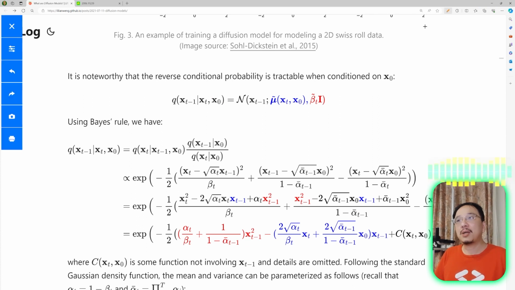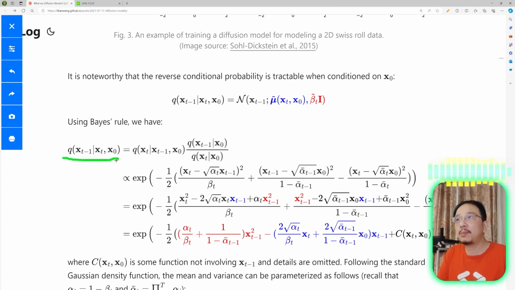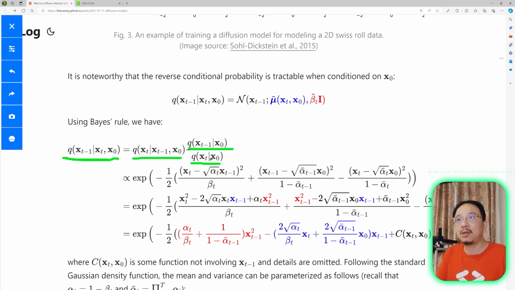This can be easily derived by the Bayes formula. By using the Bayes rule to compute this one, we only need to compute the right hand side, and all of these terms are easily derived from the forward process, because this is just computing xt given x0, and this one is to compute the probability of xt minus 1 given x0.